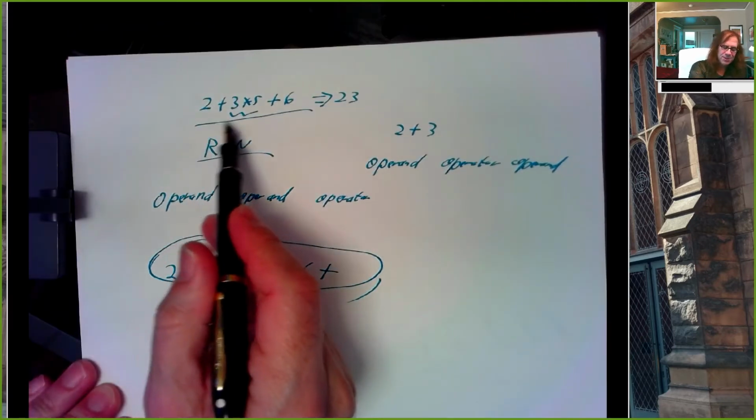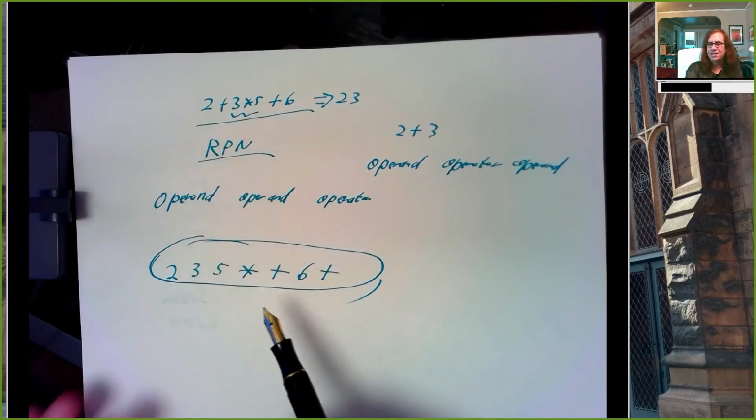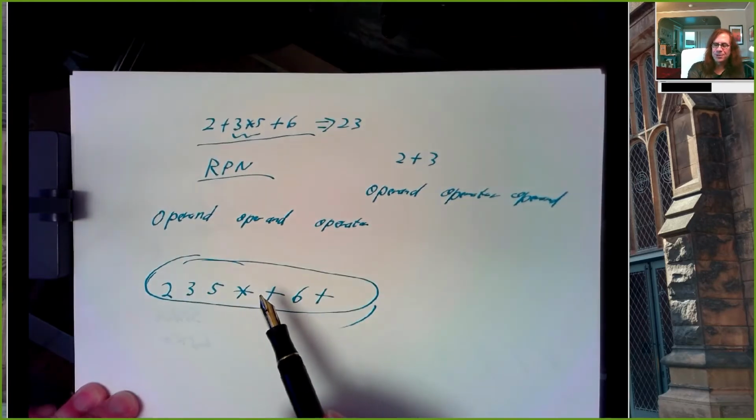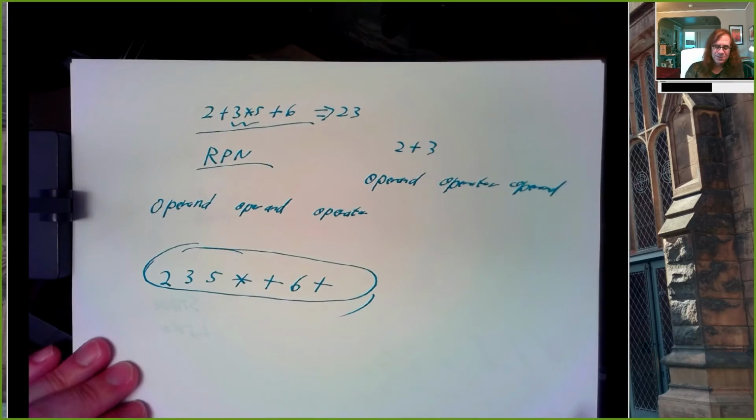Now, evaluating an expression like this is complex, because you've got to have look ahead, you've got to understand precedence of operations, you've got to be able to do parentheses, and so on and so forth. You don't need parentheses with this, right?